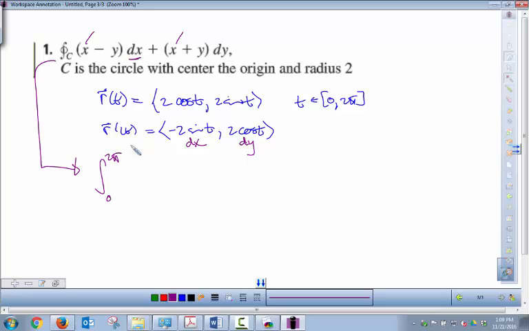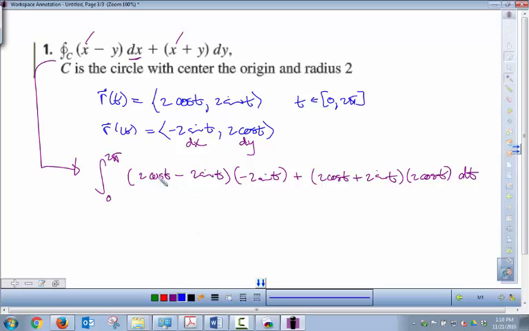So we can write it directly into this single integral. And we got x is 2 cosine t minus 2 sine t times dx, negative 2 sine t, plus, and then we have x plus y, so 2 cosine t plus 2 sine t, and then our dy is 2 cosine t dt.